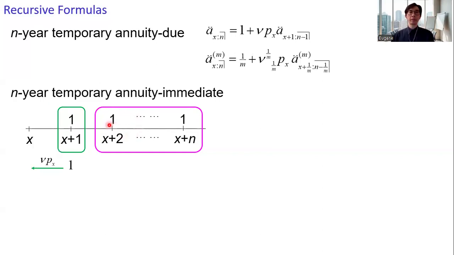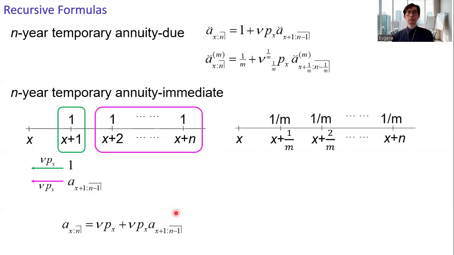And then the future payments at age x plus 1, this corresponds to the present value of an n-1 year annuity immediate issued to age x plus 1, discount back. And we get this relationship. Similar case for the mth case, the n-year annuity immediate.